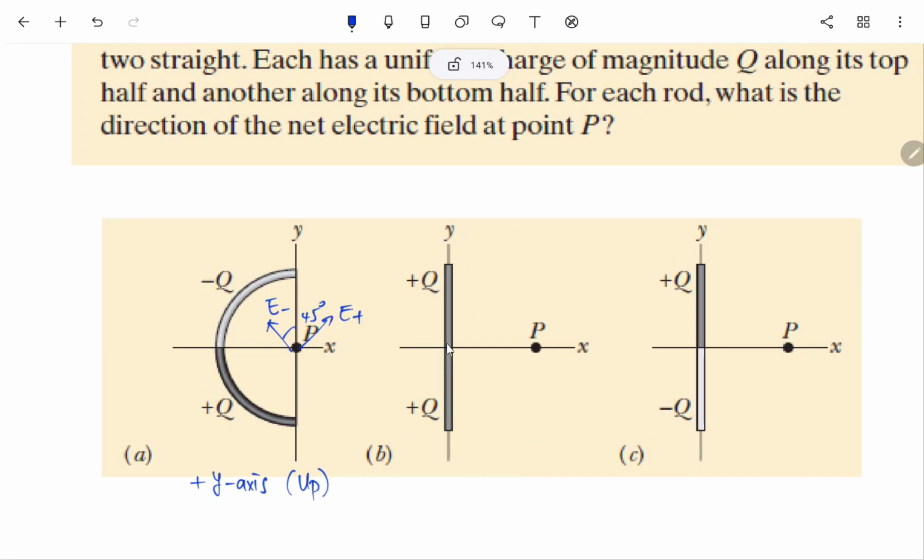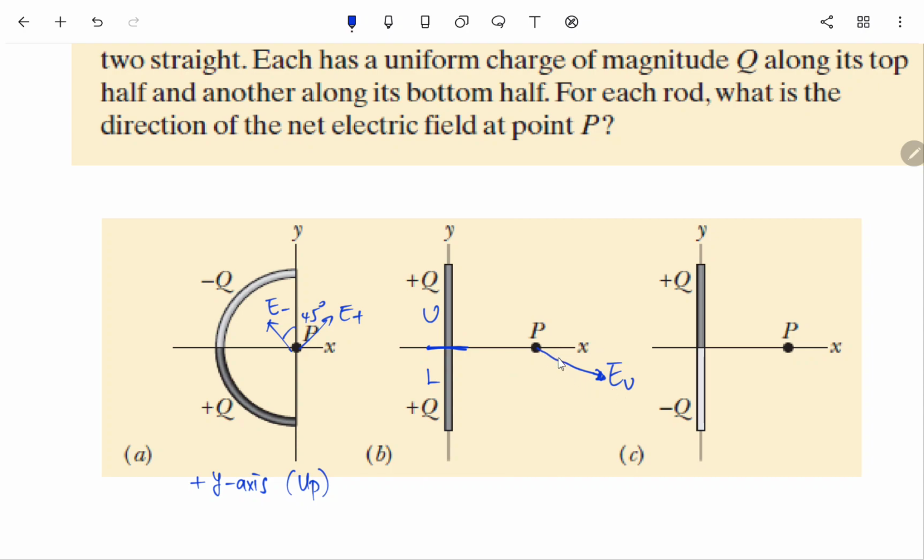Next, this part, we separate this into 2. For the upper part, it will generate an E field at point P pointing to that side. Let's say this is the upper one and this is the lower one, so EU will be pointing to the bottom right.